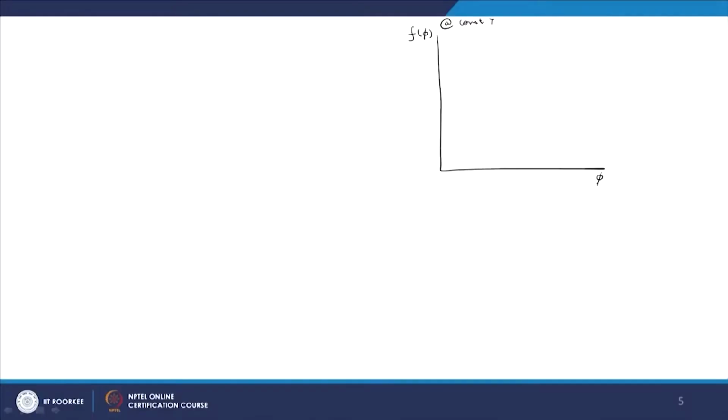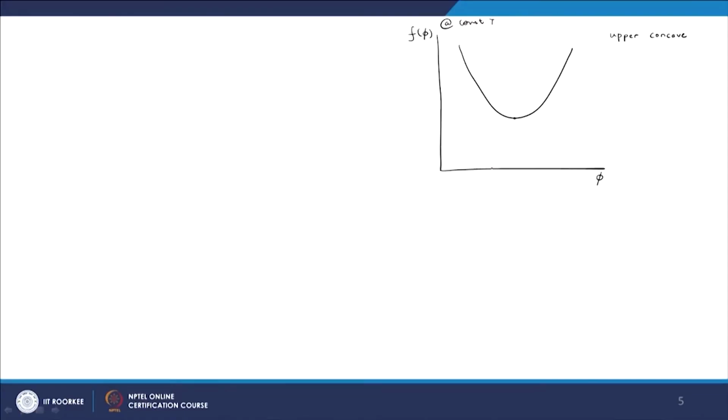If I plot f of phi versus phi, and if the graph is upper concave, that is, it has a minimum like this, I claim that the system will have a tendency to mix together. And why is that? Let us say we mix two concentrations phi1 and phi2 on the graph.